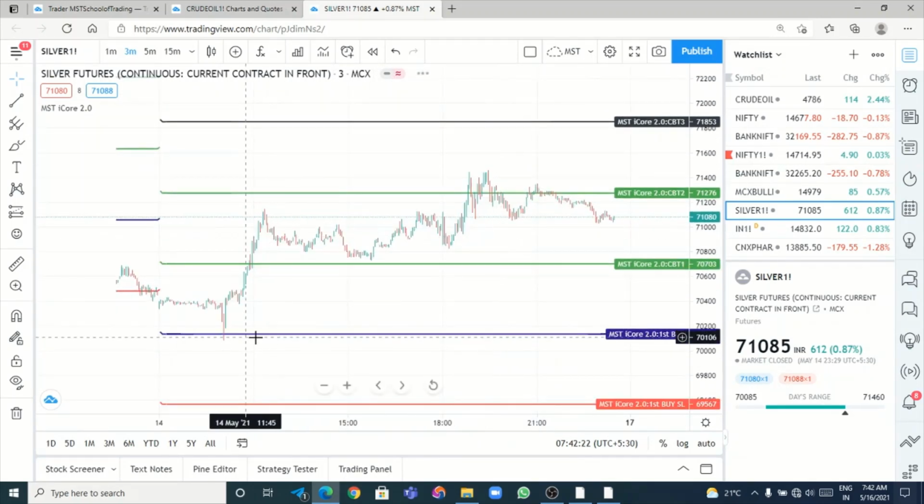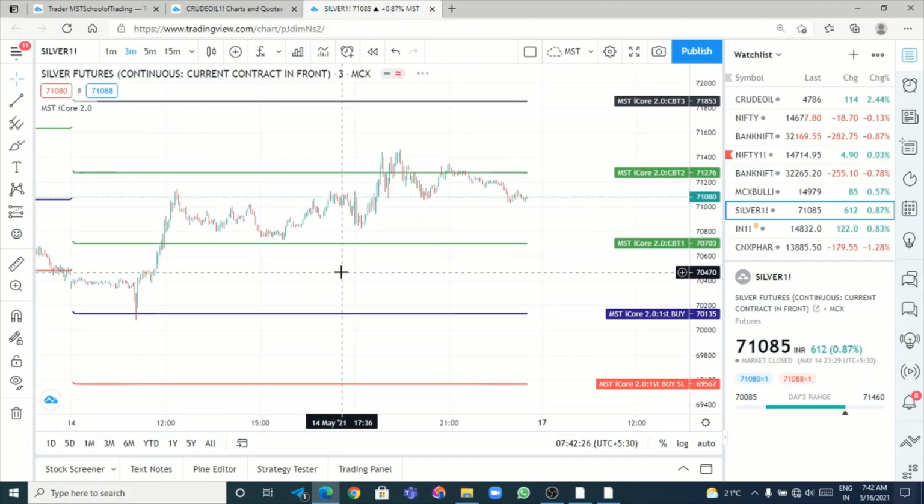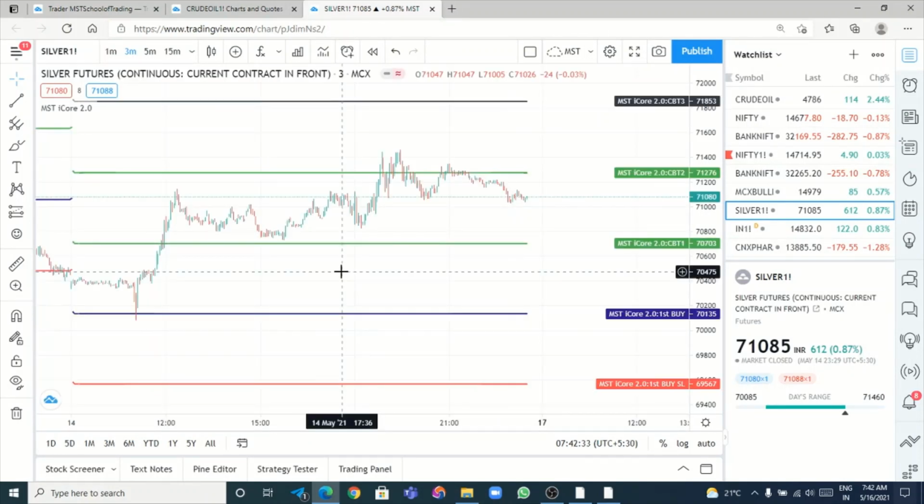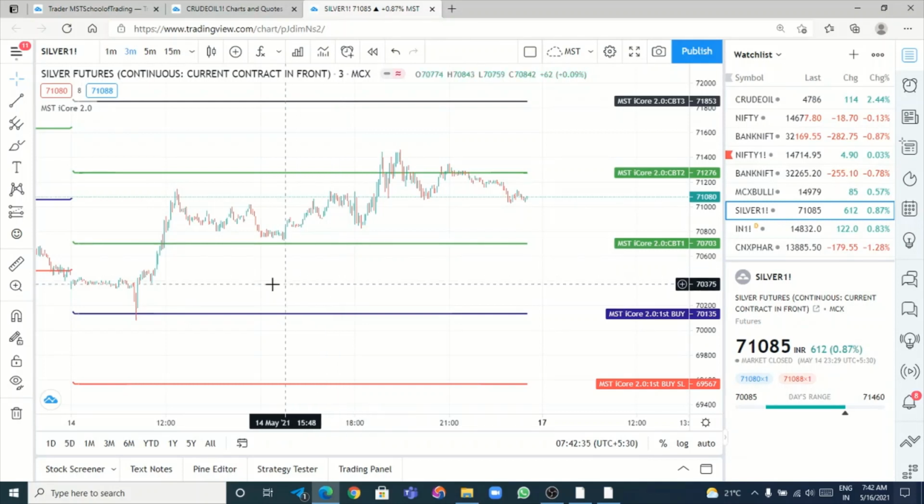See here, since it is giving an exact entry, sometimes for 1 or 2 days we may miss the entry. So that day we have to consider 300 rupees extra risk. Suppose you are trading in crude oil, and 4652 was yesterday's entry.